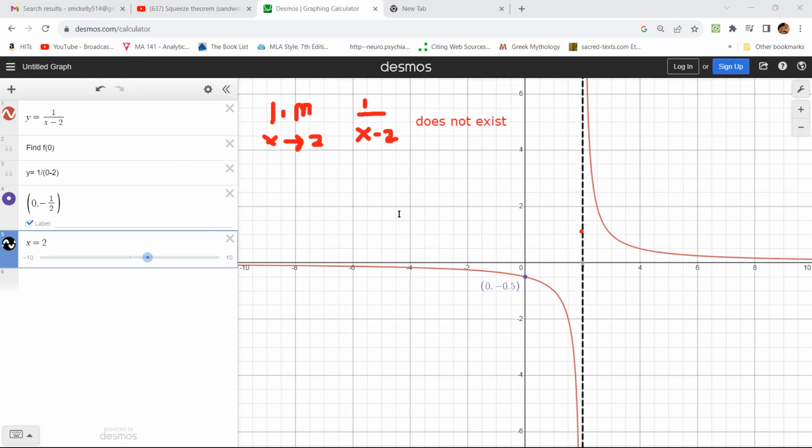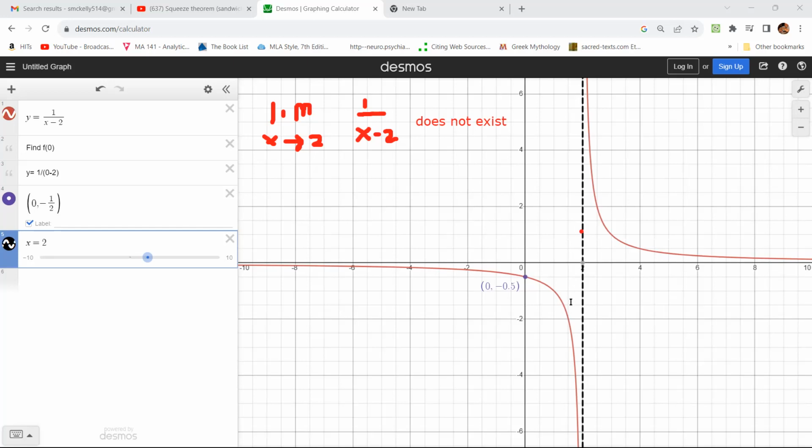Yeah, that makes sense. The terminology is a little bit different, but it's essentially the same thing. The limit doesn't exist. Now, it doesn't exist for a different reason than in the other graph we did. This graph has a discontinuity at 2, doesn't it?